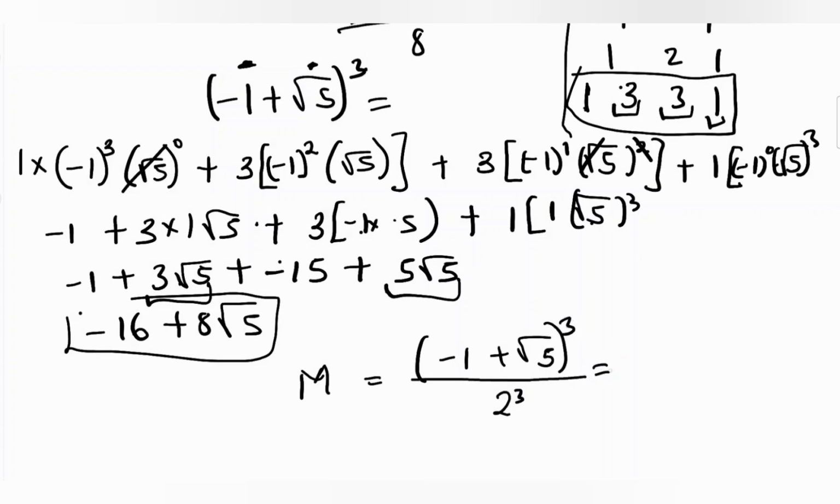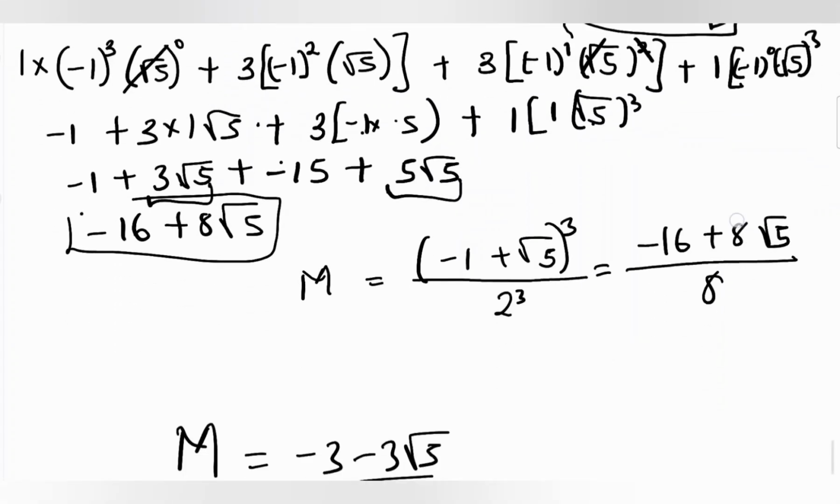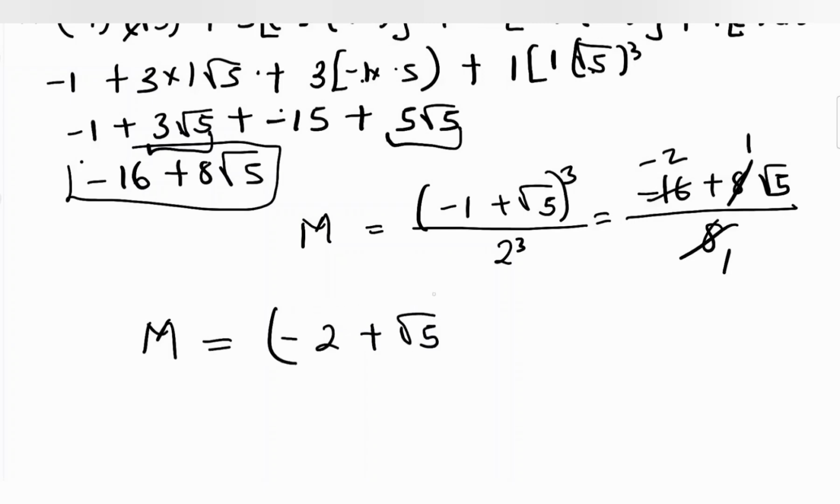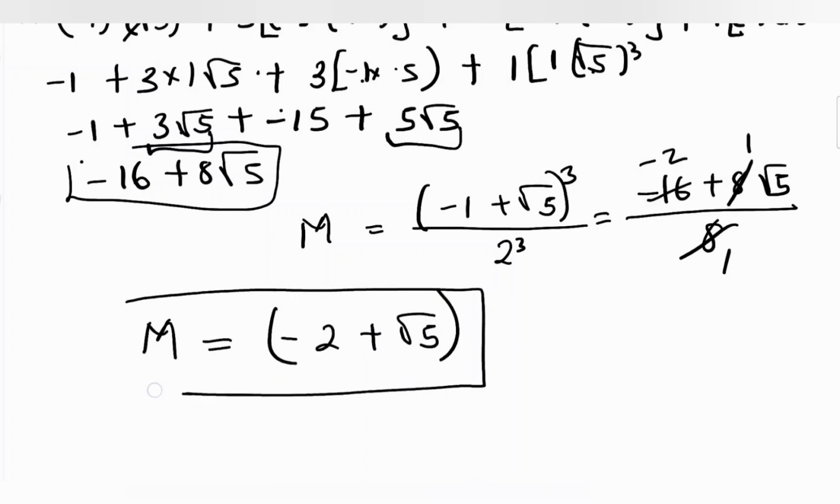This is our numerator, so we have it as (-16 + 8√5) divided by 2^3, which is 8. We can reduce this to its lowest term, which will give us that m is now equal to: 8 is 1, 8 to give -2, 8 to give 1. So we have it as -2 + √5. And that's the first value for m.